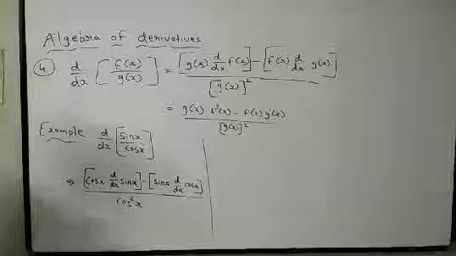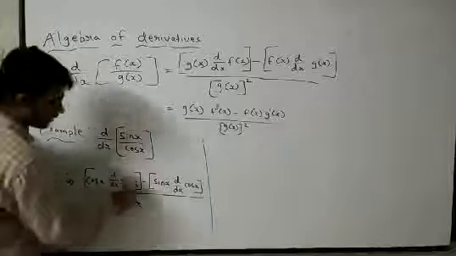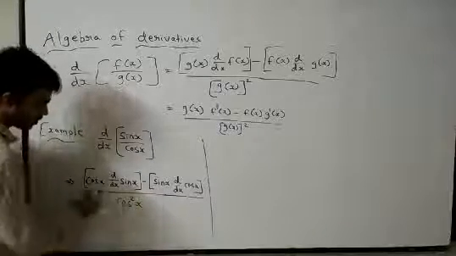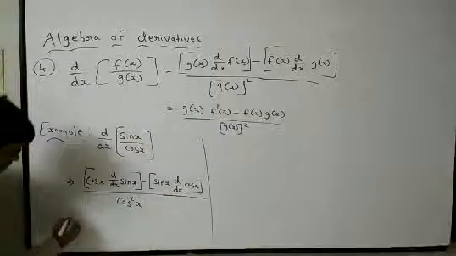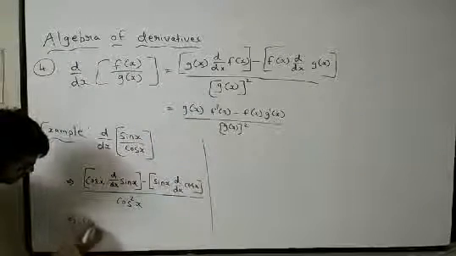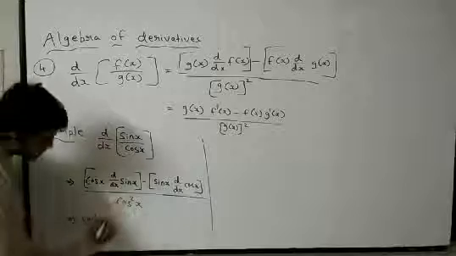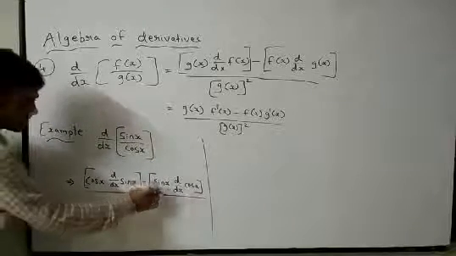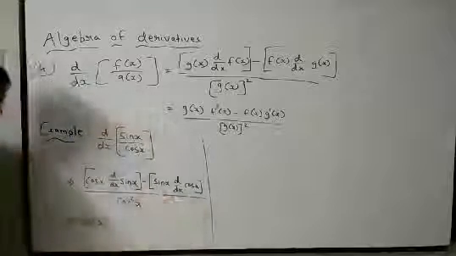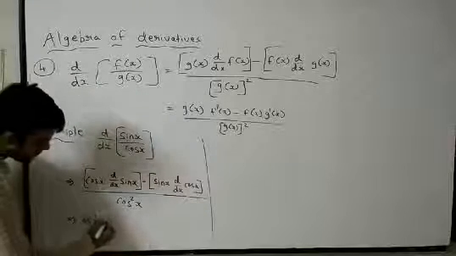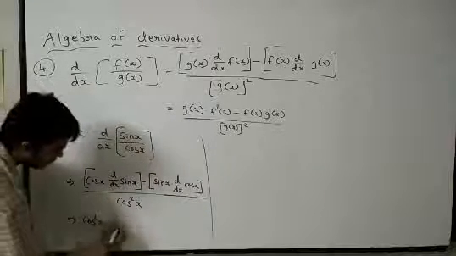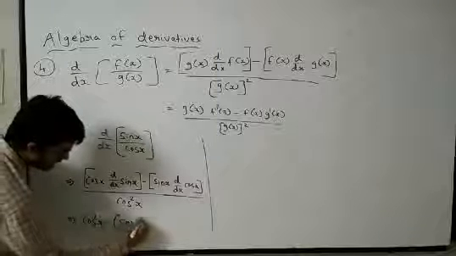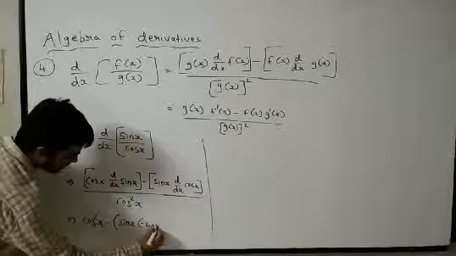Clear? Now you know that the derivative of sine is cos, and cos into cos is cos square x. Minus, sine as it is, the derivative of cos is minus sine. So minus of minus will become plus. I am writing one more step, sin x into minus sin x.